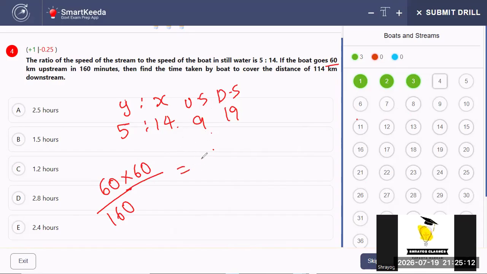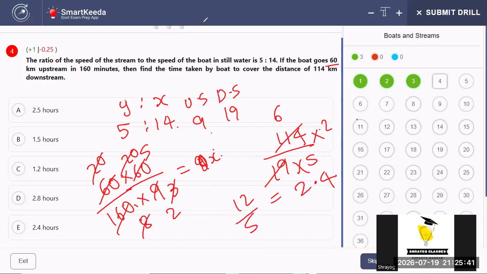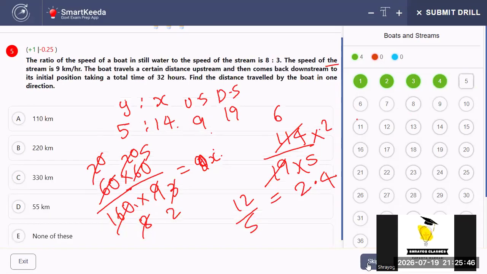The speed is 9x. The value of x came to 20 by 3, 5 by 2. So 114 upon 19 into 5 by 2, 6 into 2 by 5, which is equal to 2.4. 2.4 is the correct answer. Next.